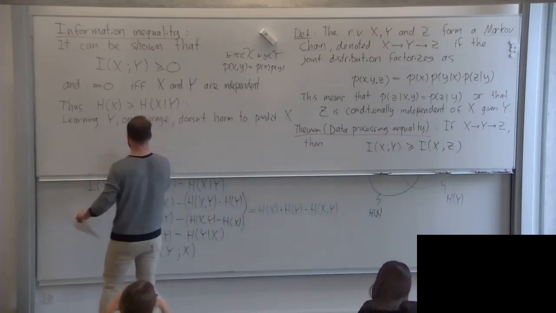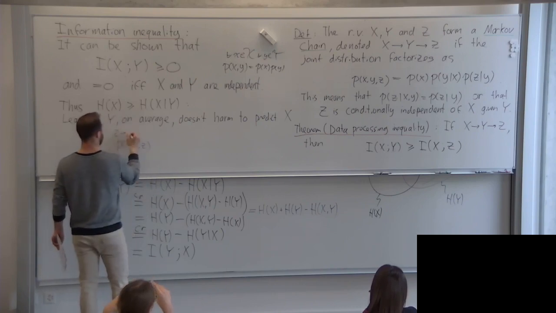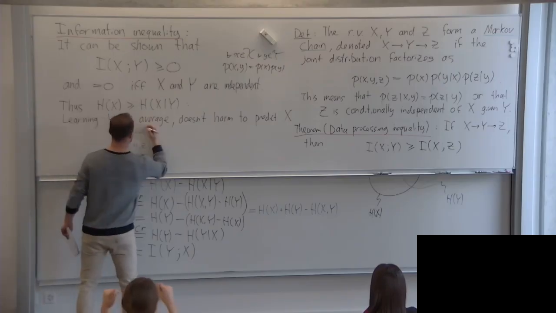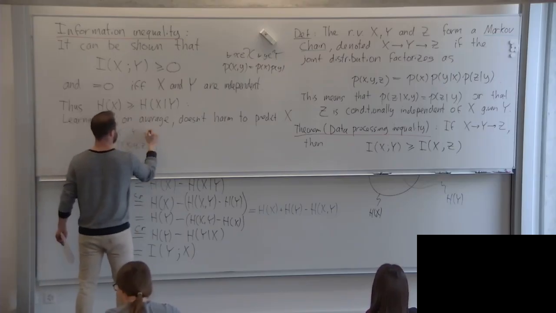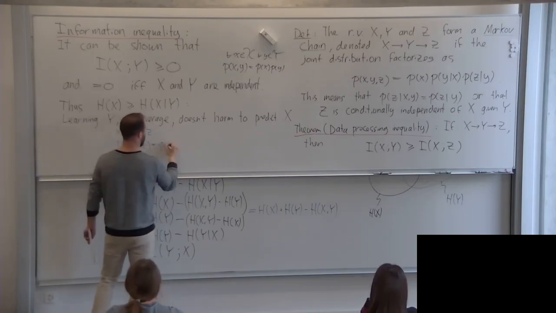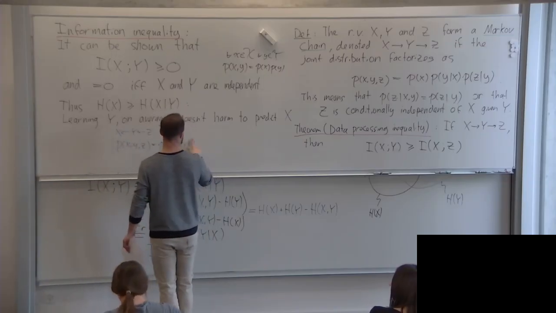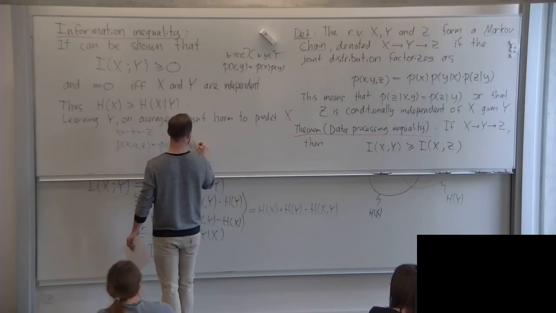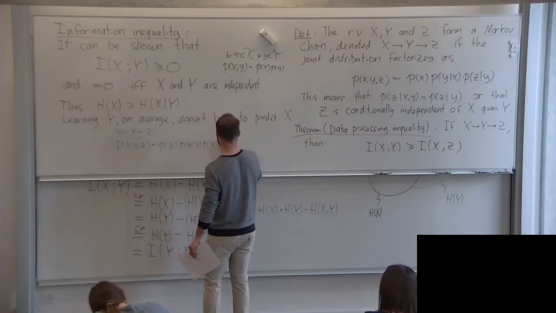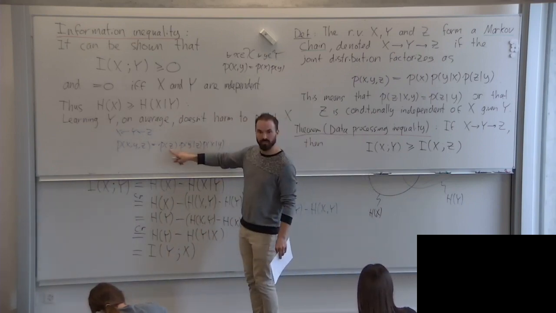If we have p of x, y, z, but I want to represent z, y, x, the natural thing to write would be you have first p of z, and then p of y given z, and then you have p of x given y. Right? This would be the idea.